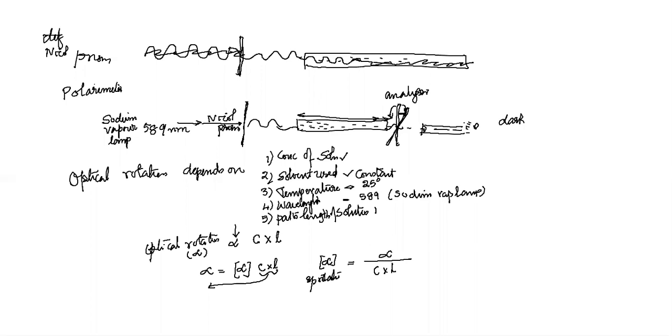It is the optical activity of a solution containing 1 gram per ml of optically active compound when passed through a polarimeter tube having 1 decimeter path length.